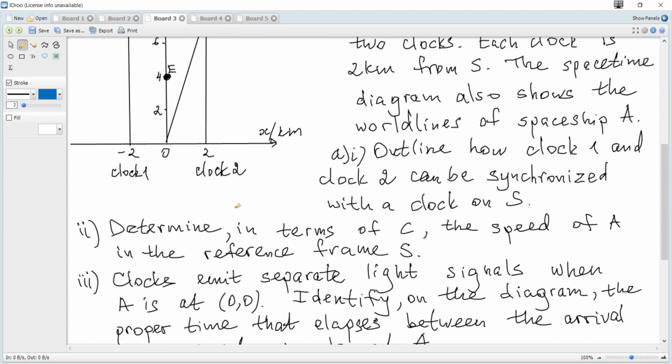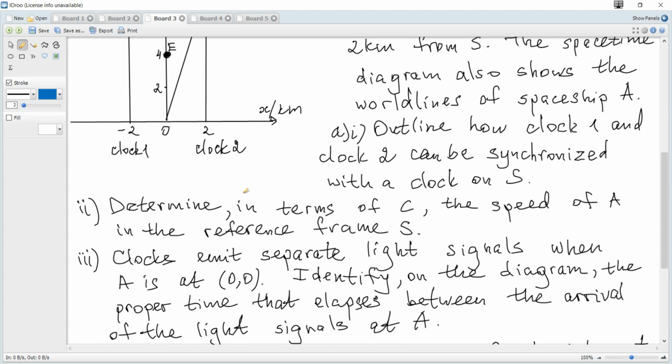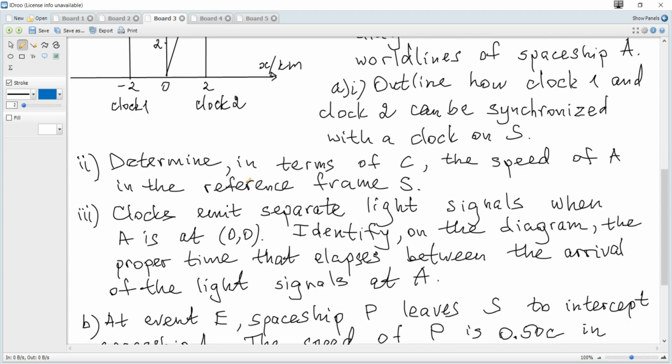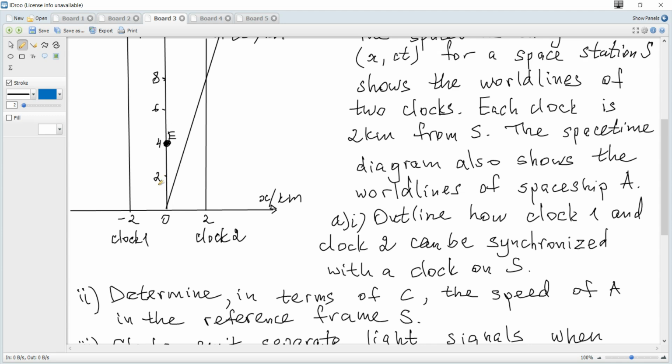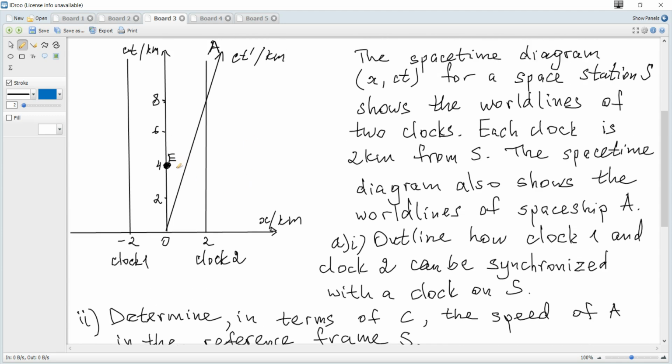The next. Clocks emit separate light signals when A is at the origin. Identify on the diagram the proper time that elapses between the arrival of the light signals at A. We know that light travels at the speed of light, so the tangent is 1; it's also called a light cone.